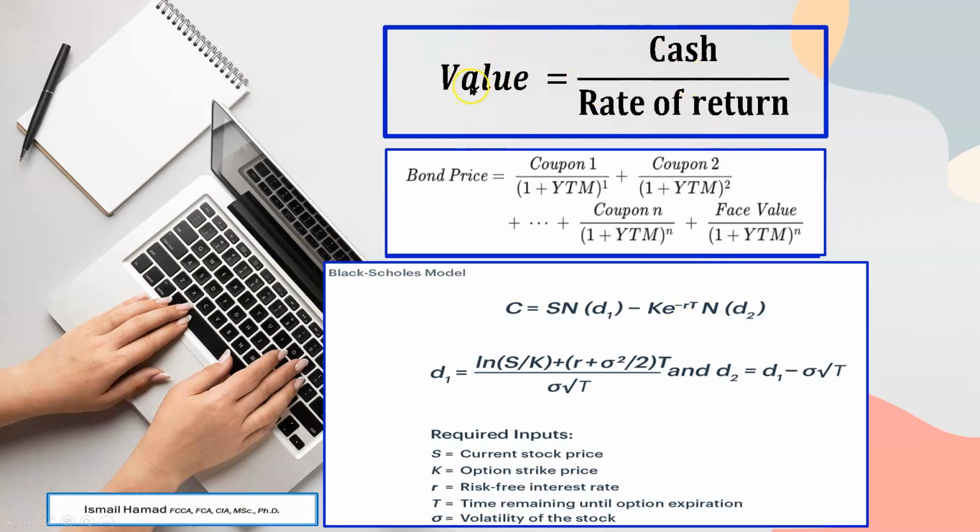How come value equals cash, your central equation, relate to this topic? K is the option price in June.